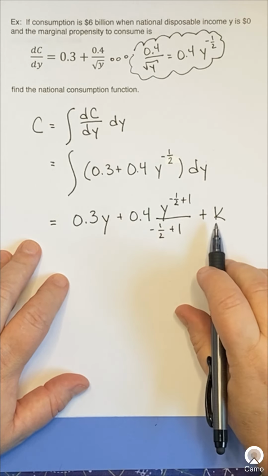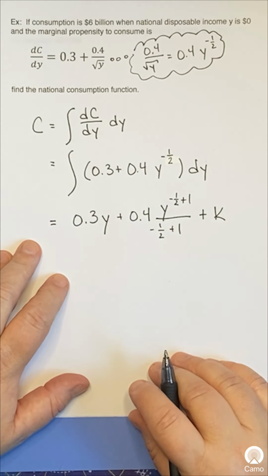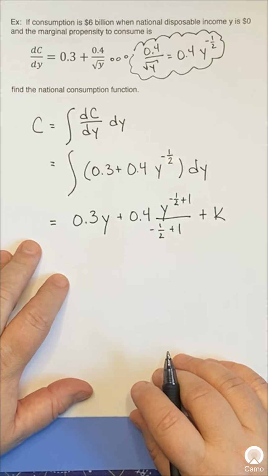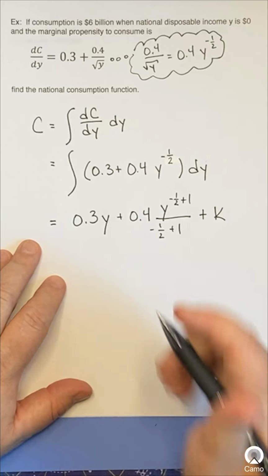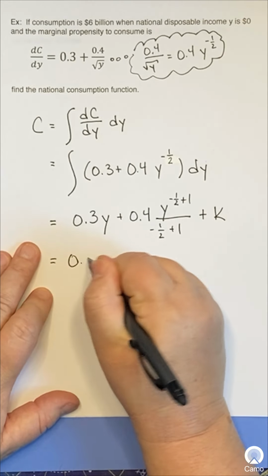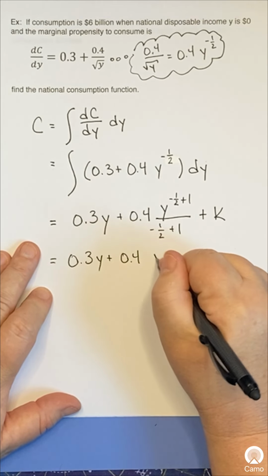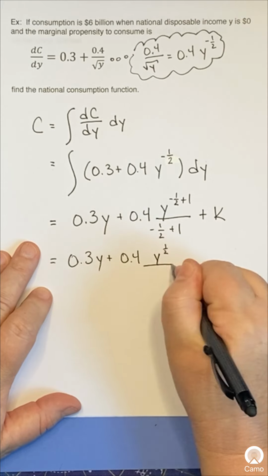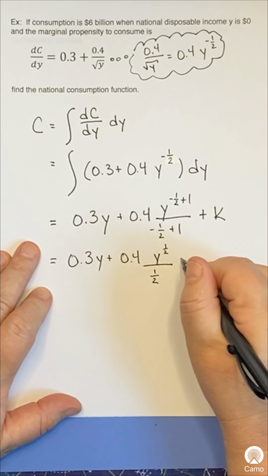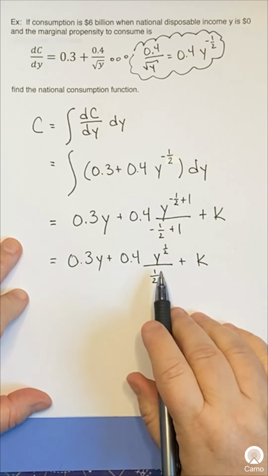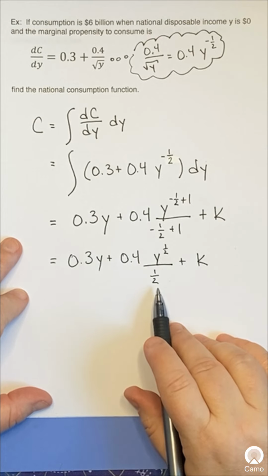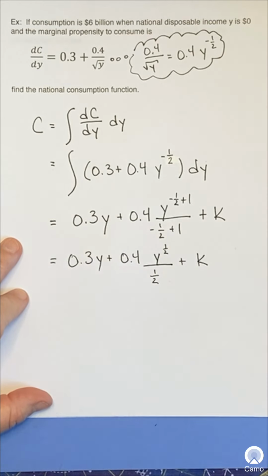Again, your choice. You can use whatever constant of integration you'd like to use. Okay, plus 0.4, and then I've got y to the 1/2 all over 1/2. I know that dividing by 1/2 is equal to multiplying by 2.